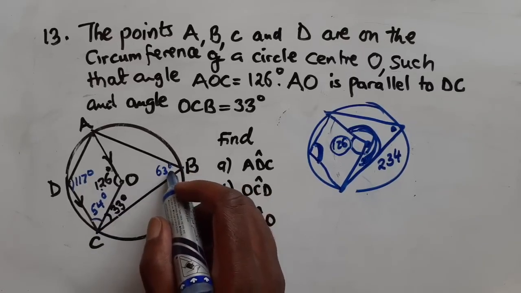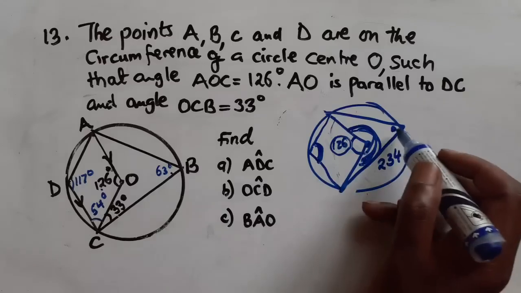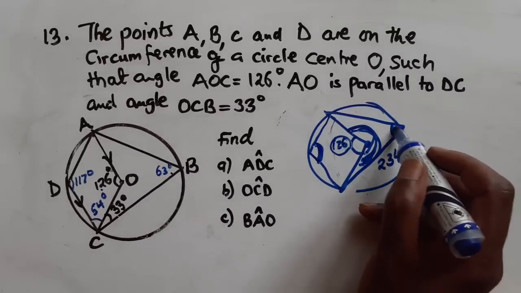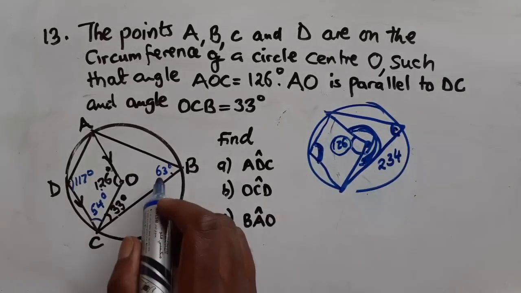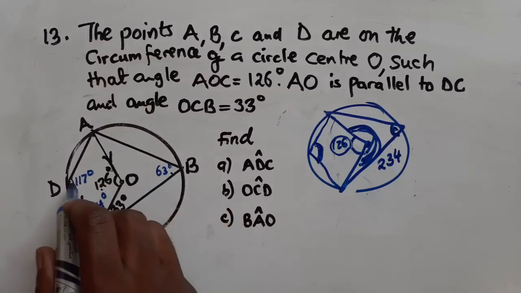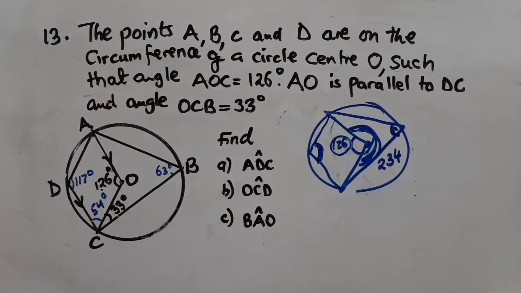Then if this is 63, you know that these opposite angles in a cyclic quadrilateral, this angle and this one, they should give us what? 180. So when you subtract 63 from 180, you will still get the same. I'm just explaining even before we find.